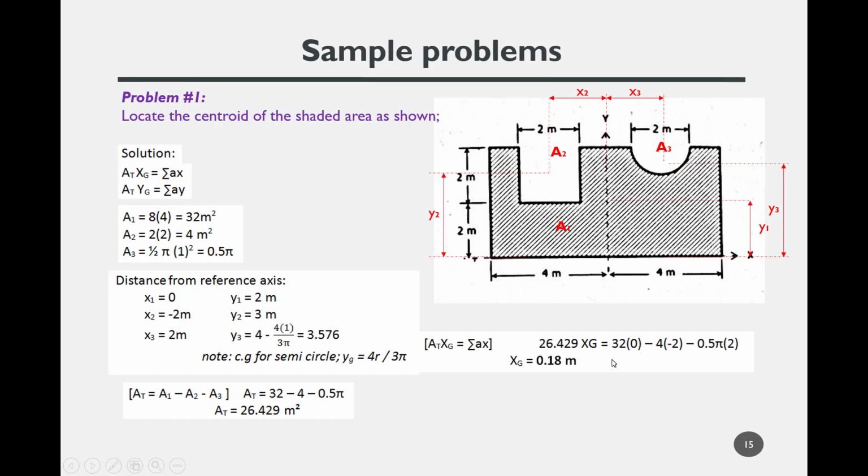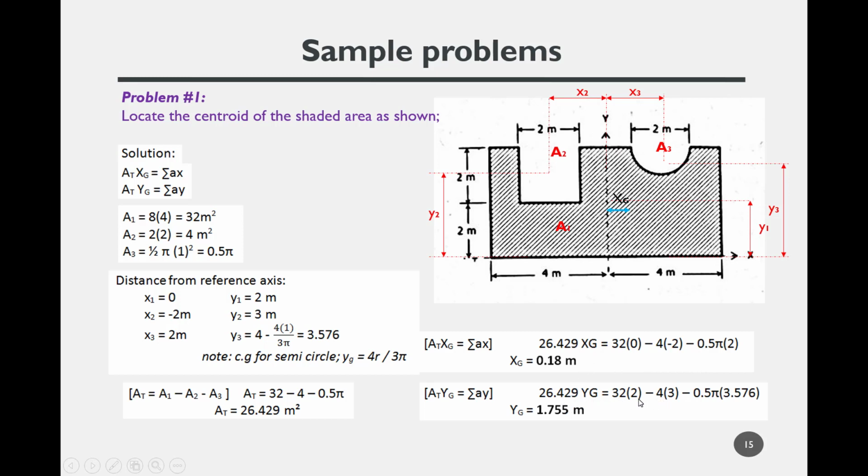So, substitute that. So, we have here 26.8 of fxg. So, 32 times 0 minus 4 times 2, negative 2 minus 0.5 of pi times 2. So, makuha natin 0.18 m. For the yg, ganun din.